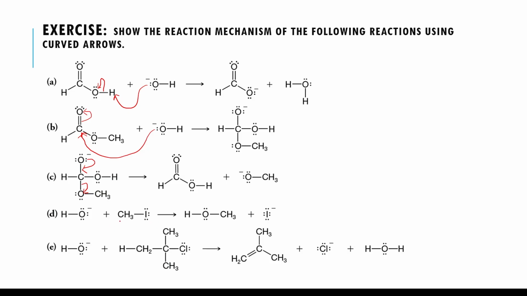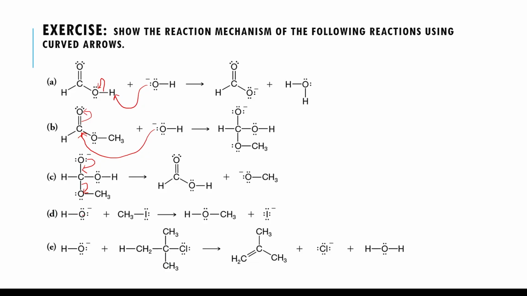Now let's come to the fourth exercise, fourth option. It's a substitution reaction basically. What is happening? OH is substituting the iodine here. So it's a displacement reaction basically. What is happening if we check the product here?